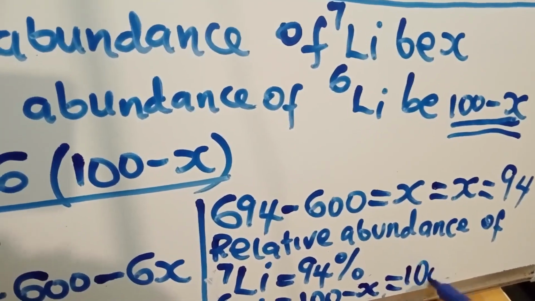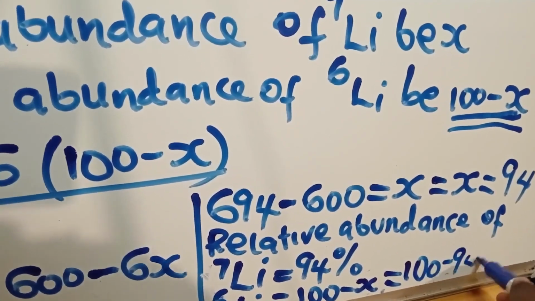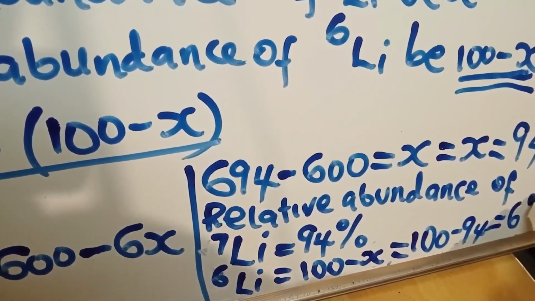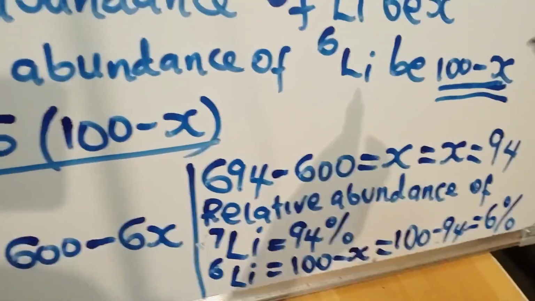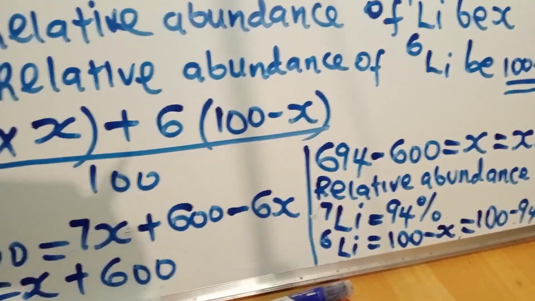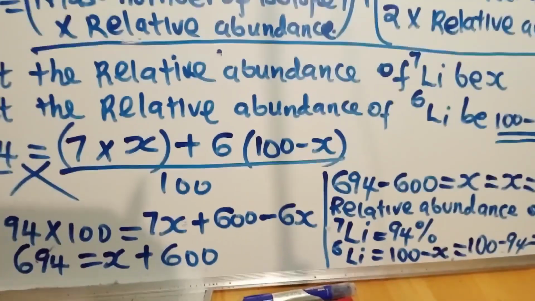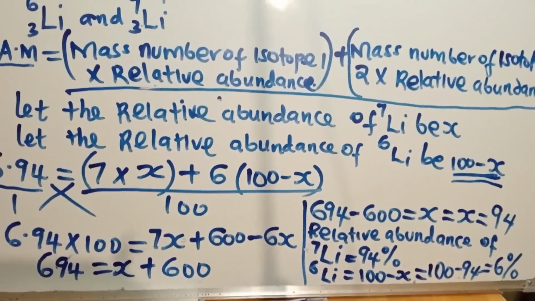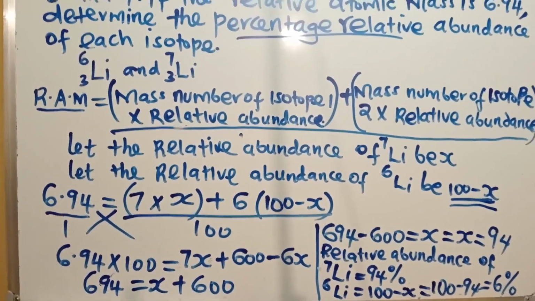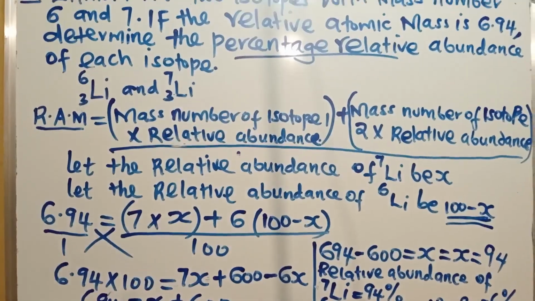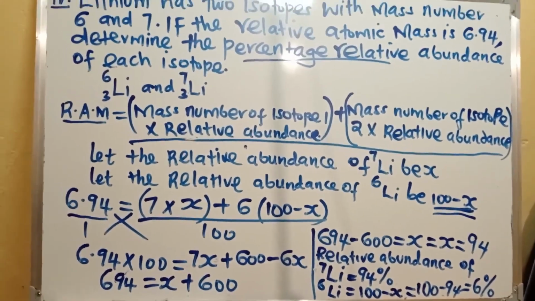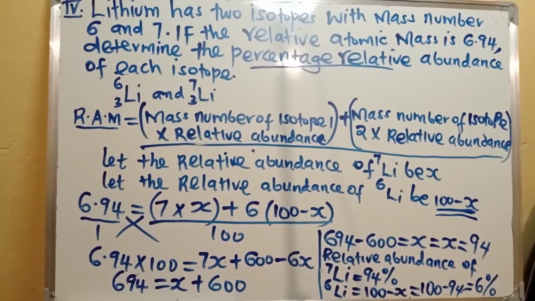So you say 100 minus 94, and then you get 6. Remember, it is in the percentage form. So that is what was required for the question. So that is how you need to determine that question.